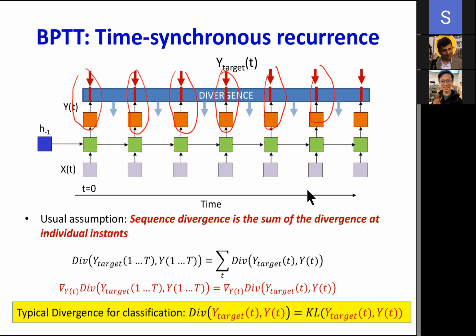Then the derivative of the overall divergence with respect to any output simply becomes the derivative of the local divergence with respect to that output, and that can be used for backpropagation.